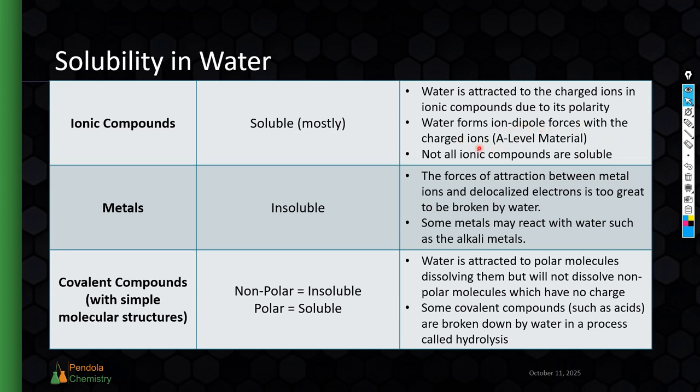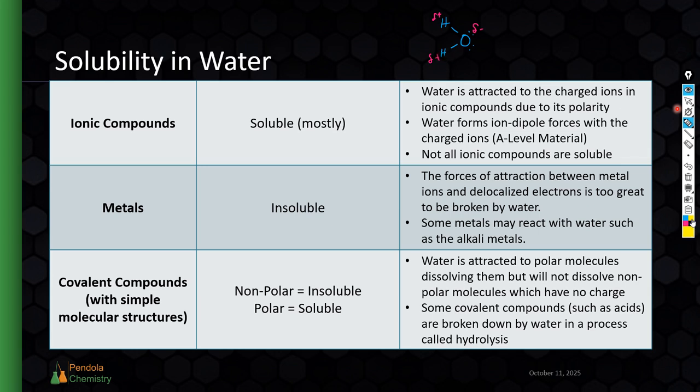Now, ion dipole forces are material for A-level chemistry, but essentially it's just the connection between a water molecule and an ion. So, for example, if we have water here, water has a partially positive and a partially negative side: partial negative oxygen, partial positive hydrogens.